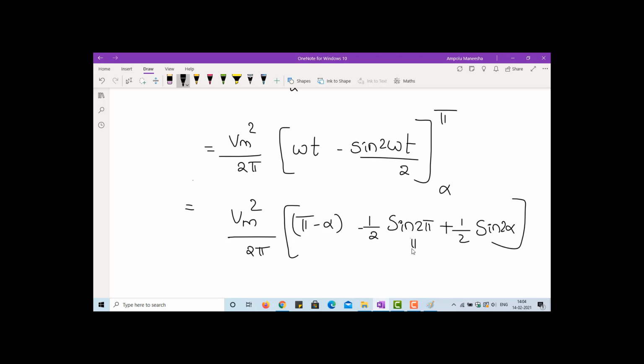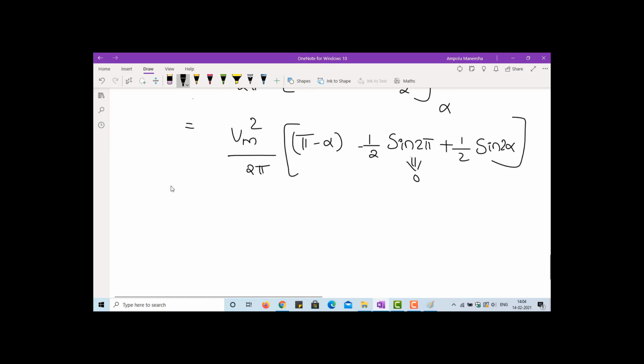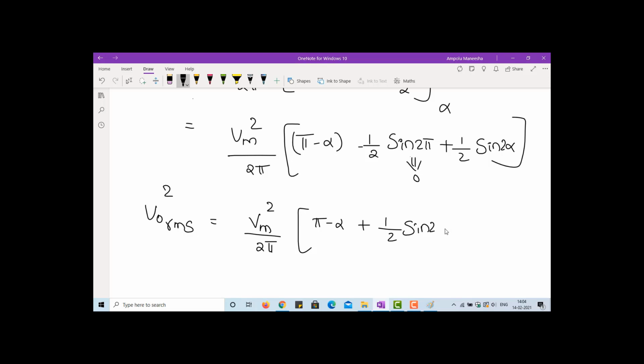Sin 2 pi is 0, right? So, V naught RMS square is equal to Vm square by 2 pi times pi minus alpha plus 1 by 2 sin 2 alpha.